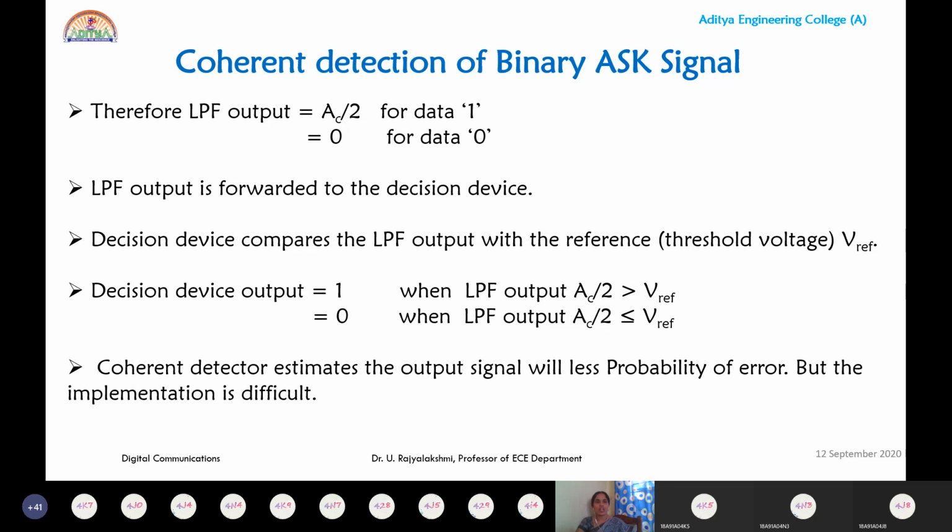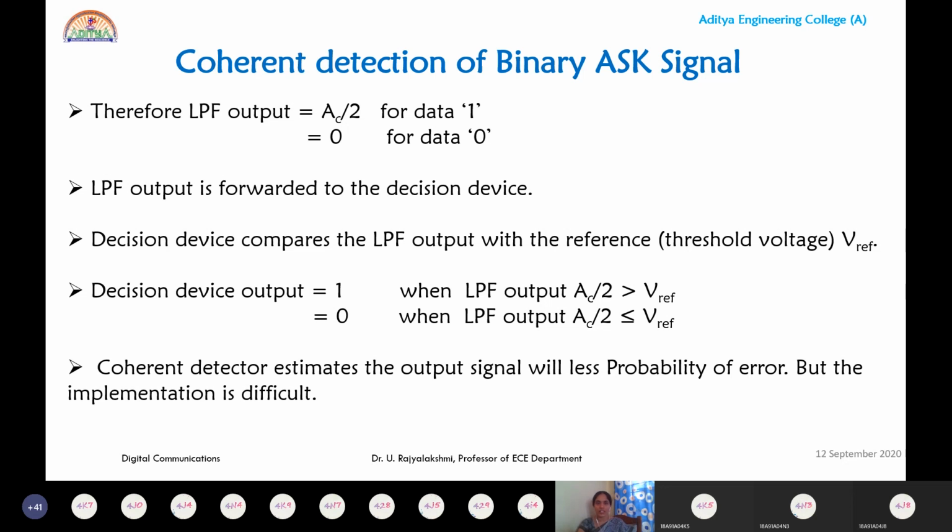Okay, this is all about the coherent detection of binary ASK signal. Now please tell me, here we considered the synchronous carrier as AC cos omega ct, assuming AC as 1. For example, instead of assuming AC as 1, if AC is not equal to 1, then what is the low pass filter output?